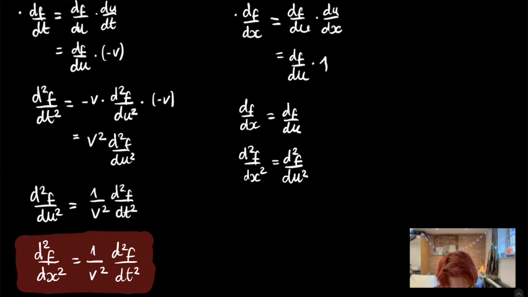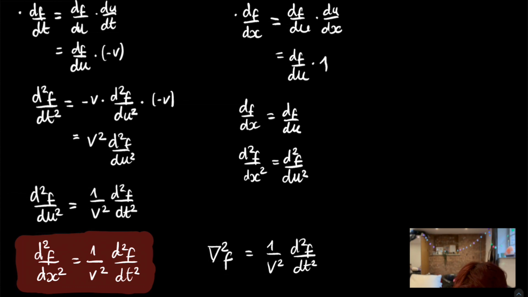Now this is in fact the one-dimensional wave equation. Because of course we're working in 3 dimensions, instead of writing the second derivative of f with respect to x, we actually write the del squared of f, which is sometimes called the Laplacian, is equal to 1 over v squared times the second derivative of f with respect to time right here.